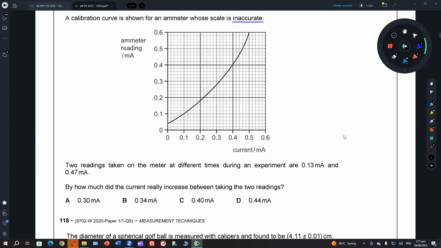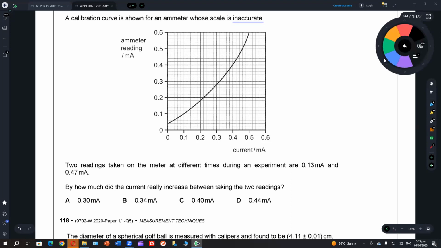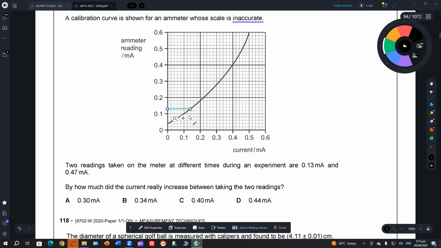So where should 0.13 be? 0.10, 0.12, 0.14, 0.16, 0.18. So it should be here. This is 0.13 and 0.47.